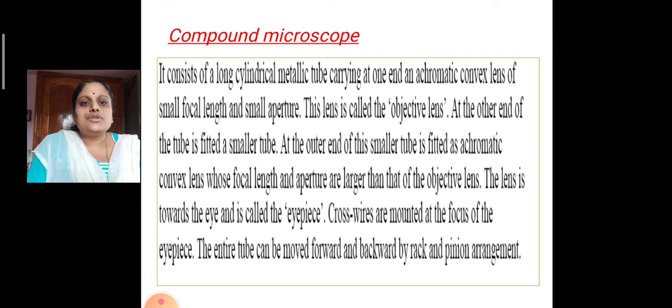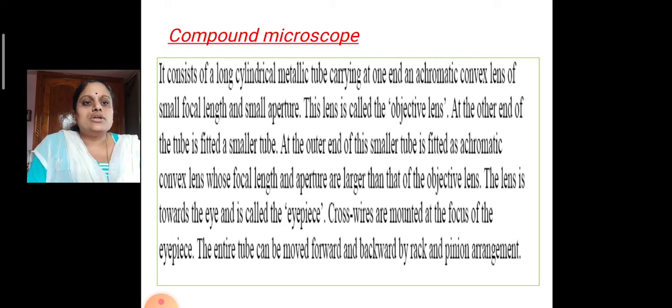At the other end of the tube is fitted a smaller tube. At the outer end of this smaller tube is fitted an achromatic convex lens whose focal length and aperture are larger than that of the objective lens. This lens is towards the eye and is called the eyepiece.